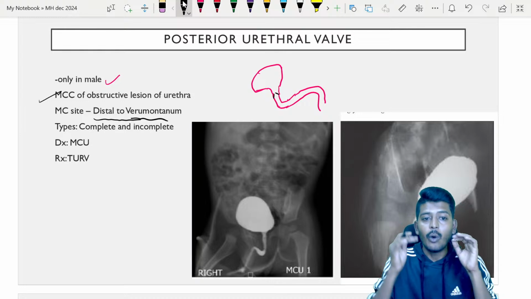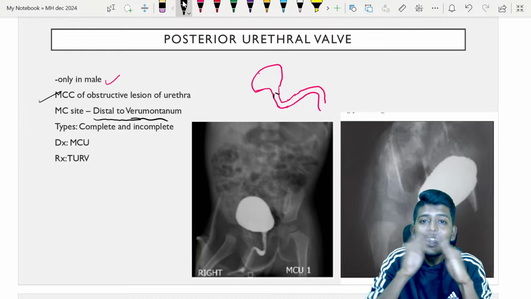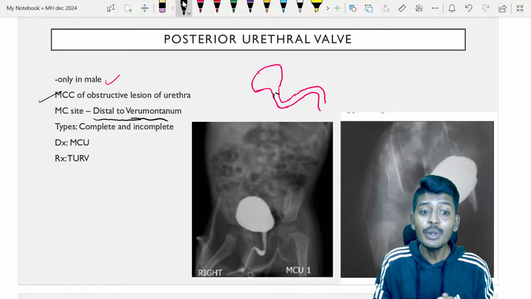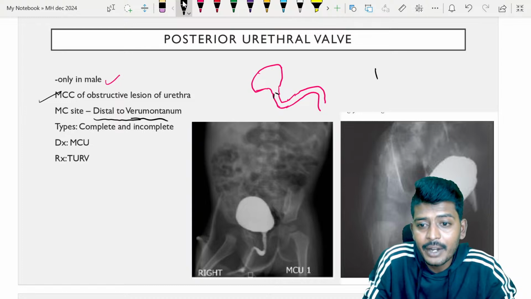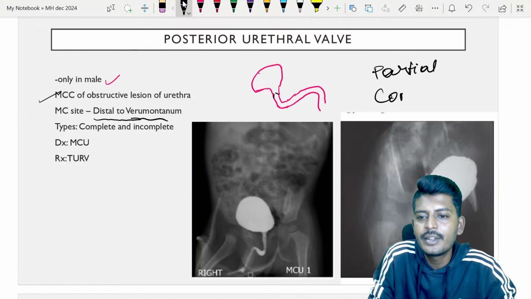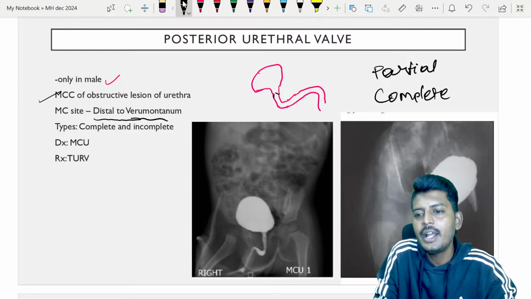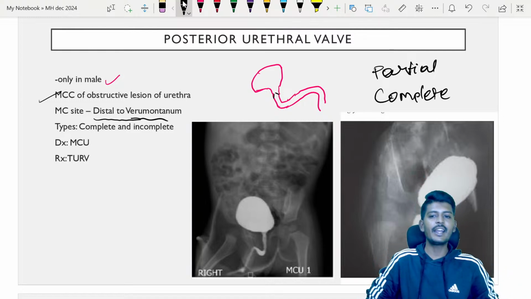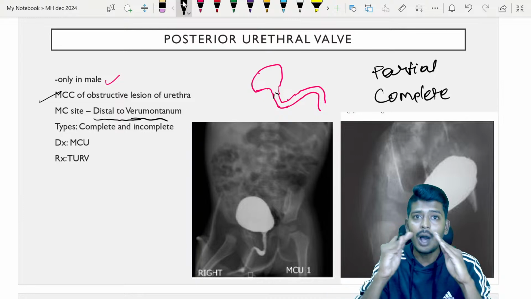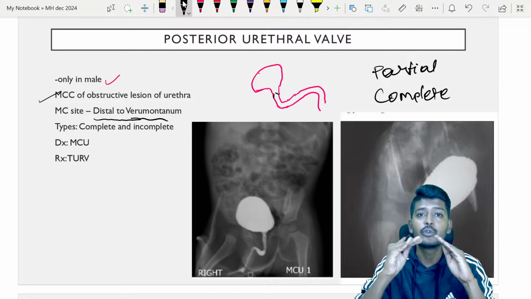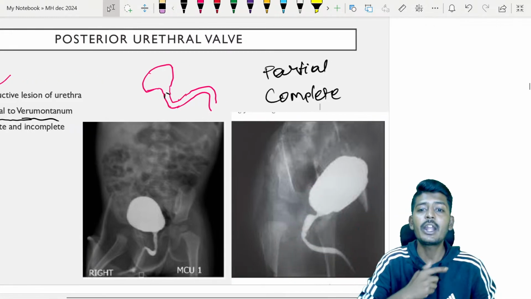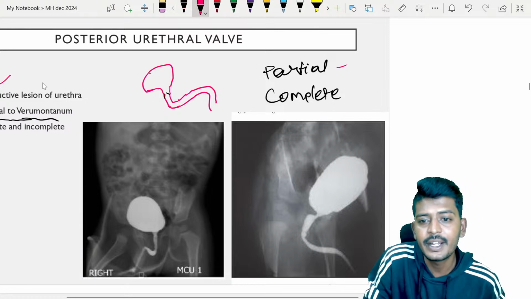Now the problem here is that if there is an obstructive lesion, the child will not be able to urinate. इसके अंदर दो तरीके होते हैं, partial and complete. If we are speaking of partial, तो इसमें valve is there but not completely formed. So in partial, the child will urinate, urination is present.